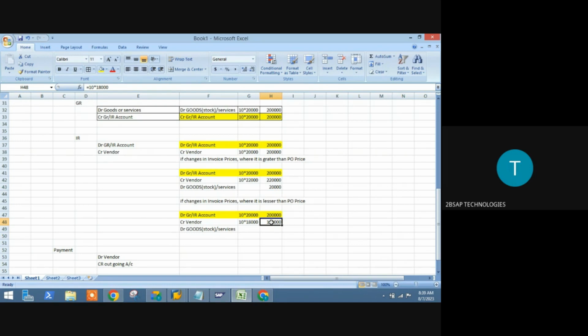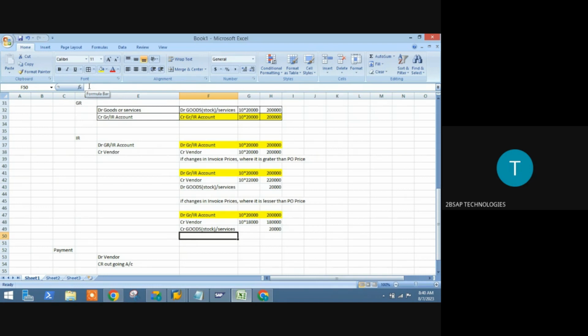Your GR value is 2 lakh, your IR value is 1,80,000. So the remaining 20,000, you are going to credit. Now your stock value and your invoice value become the same, matching.